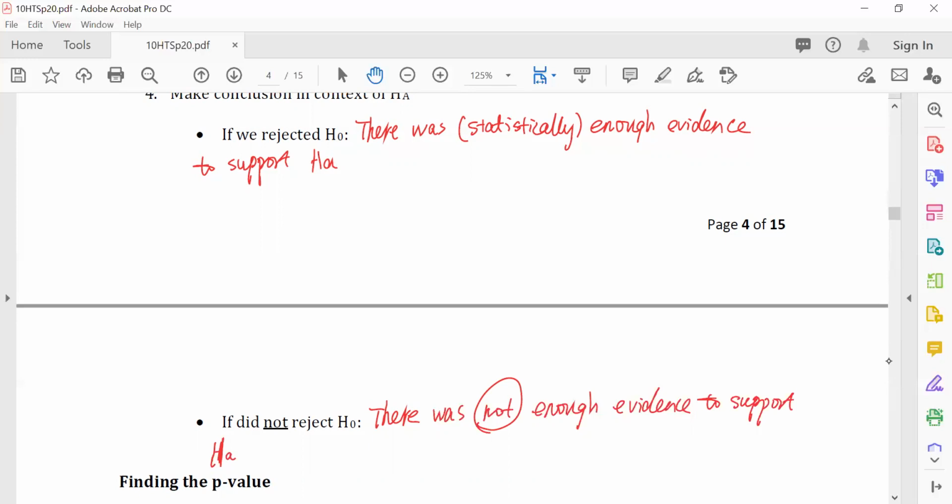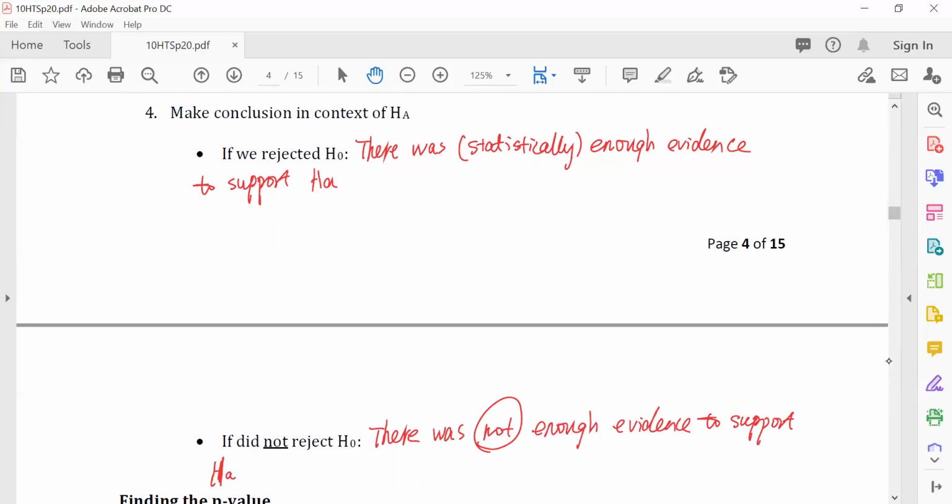So you have to be really careful about this interpretation when you're making the conclusion, because this is just a hypothesis test. We are not proving anything. We are just trying to provide enough evidence, or we are not able to provide enough evidence, based on the data we got.